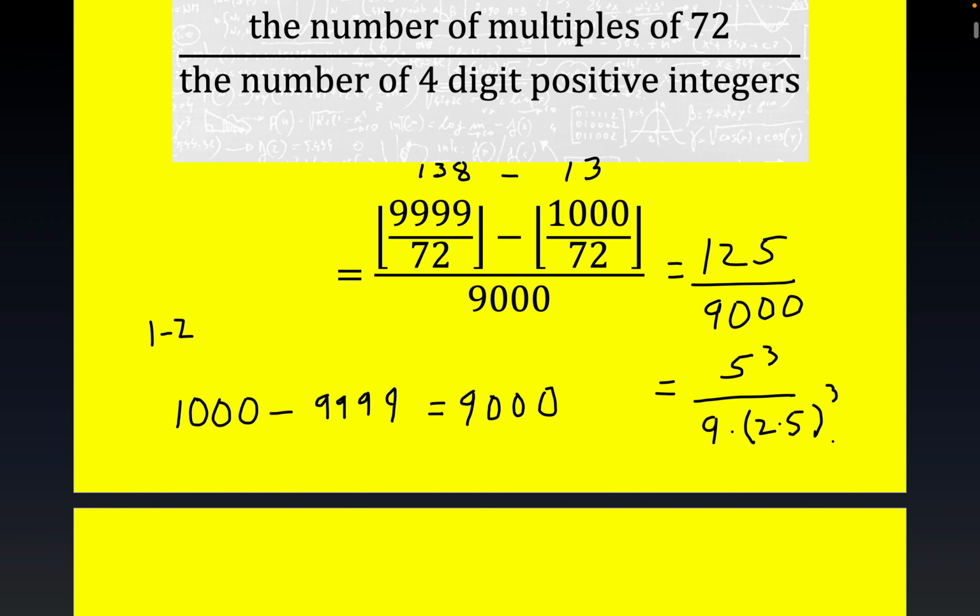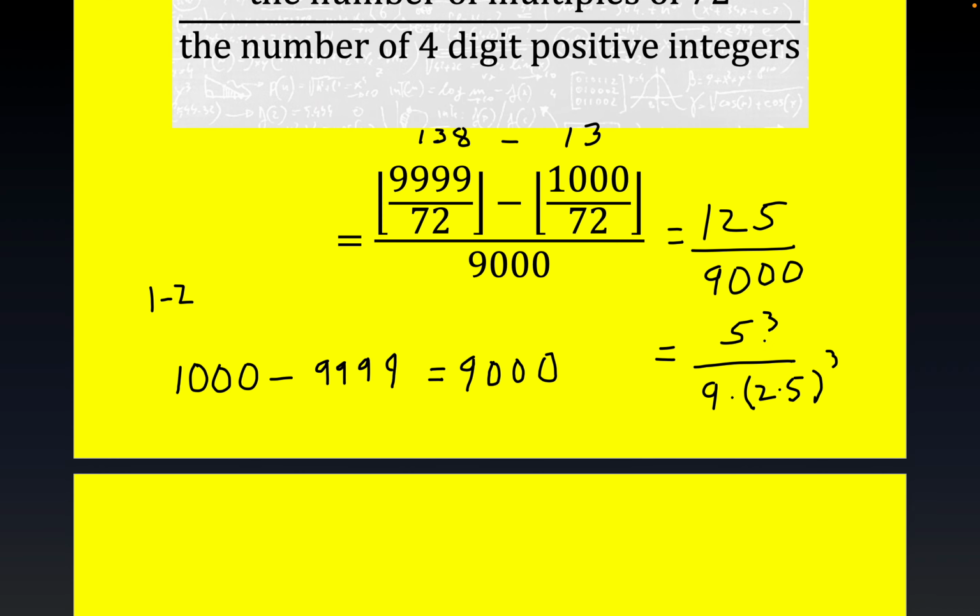But notice here that you got a pair of 5 cubes. The 5 cubes cancel, and so you have 9 times 2 cubed, which is 8, which is 9 times 8, which is 72. And sorry, it's 1 over all of that, right?